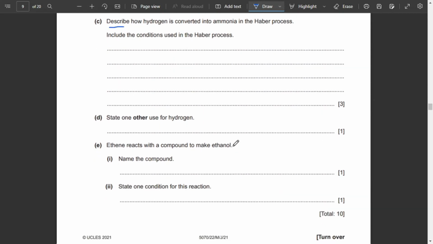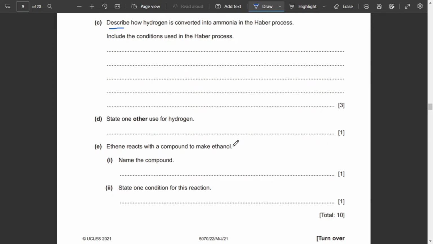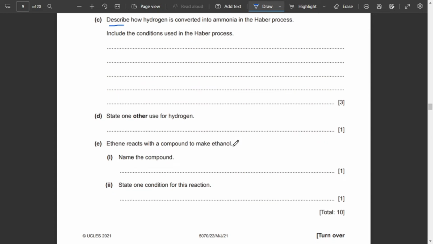Moving on to part E, ethene reacts with a compound to make ethanol. Name the compound. Here we are talking about ethene's reaction with a particular compound. Which compound is unknown, that we need to figure out, and it is forming ethanol. I'm sure you must have gone through the reactions in the organic chemistry chapter.